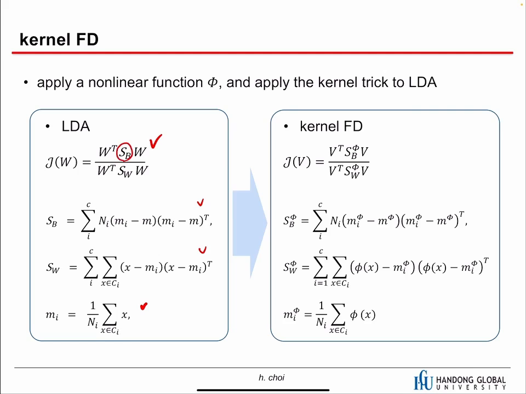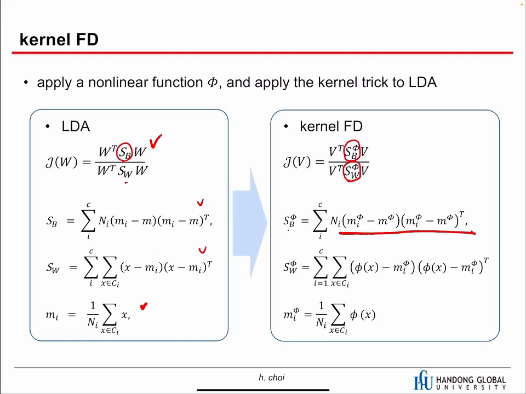S sub B is the between-class scatter. Instead, let's calculate these matrices in the feature space. So instead of just SB, we use SB phi, and instead of SW, we use SW phi, and SB phi is defined by this.